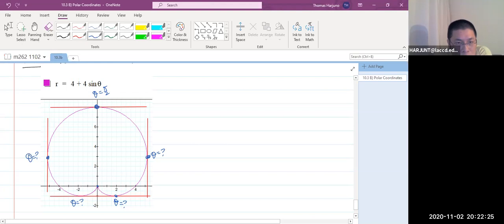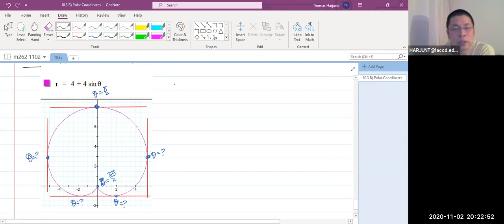We will have an issue there. At theta equals 3 pi over 2, we will have an issue. Is it a vertical tangent line or horizontal tangent line, or does it just happen to be neither one?